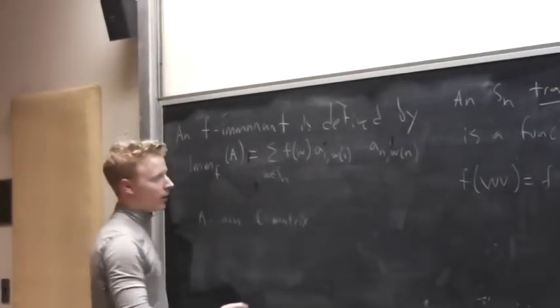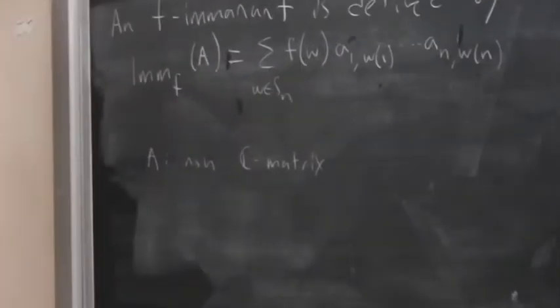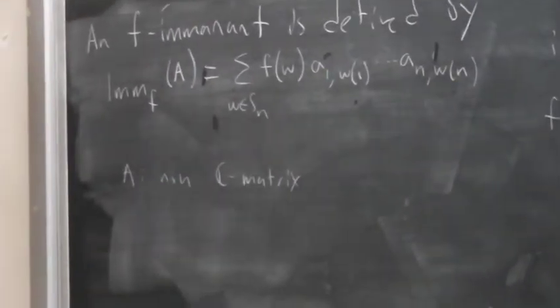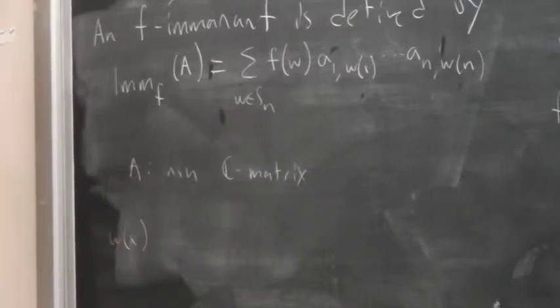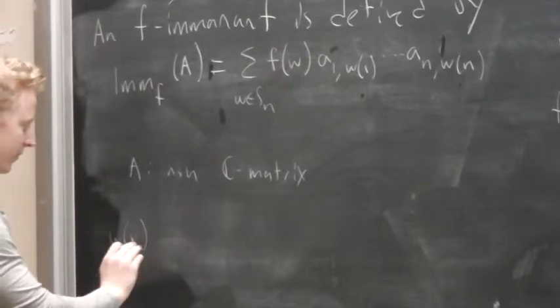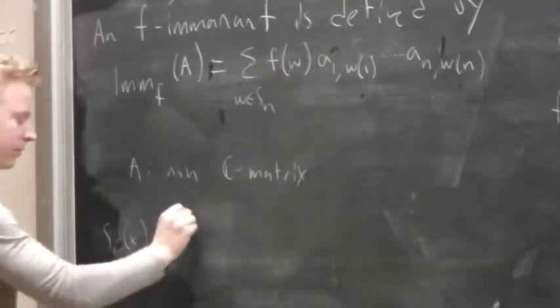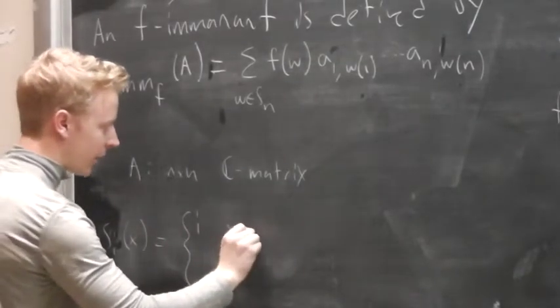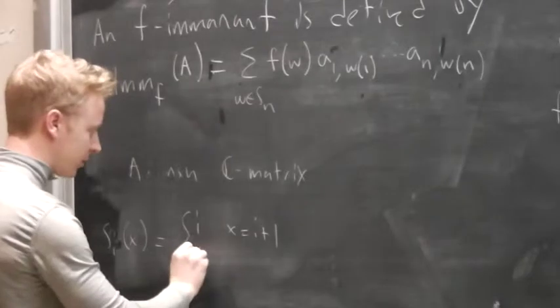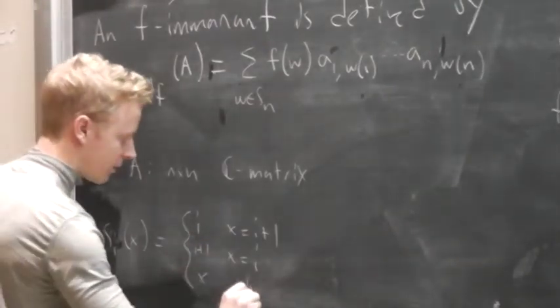And by w_1 through w_n, I should say that with the presentation we were talking about, this action of w as a permutation is just defined by s_i of x equal to i if x is equal to i+1, i+1 if x is equal to i, and x otherwise.